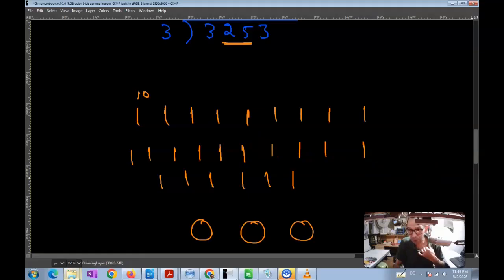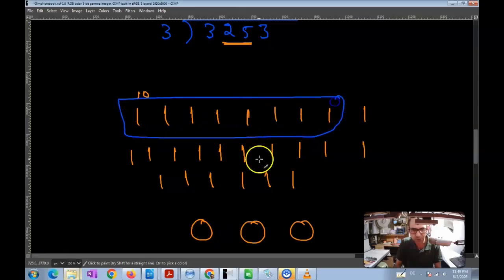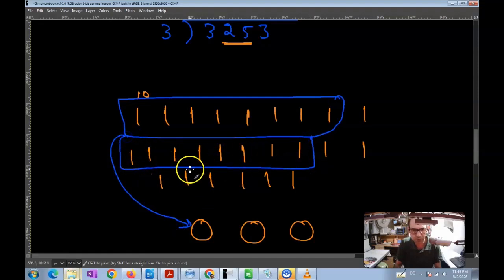So then what I can do is that I give, for example, 8 of these to the first group. So this goes over here. And another 8 I'm going to give to the second group. This goes over here.